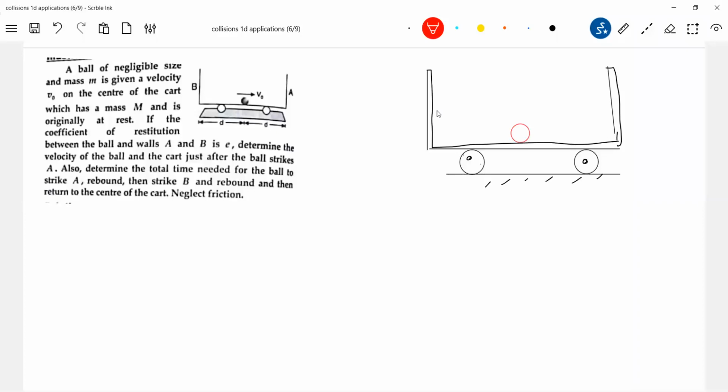Let me take the mass of the ball as m1, the mass of the trolley, let it be m2, and initially it is at rest. I'll project. So there's a point A, there's a B. He has given some distance, and it is at the midpoint of that. From the middle of the trolley, I'll project it with a speed, say v naught.